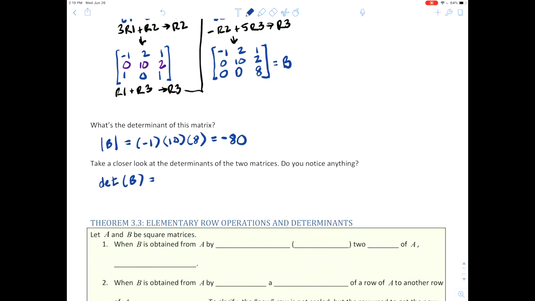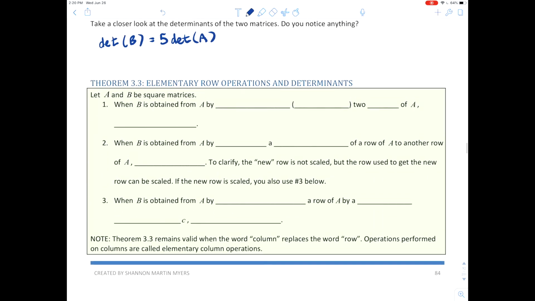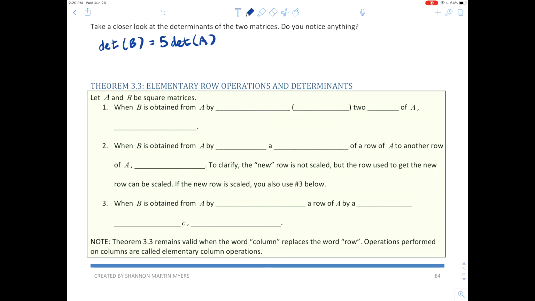And so it turns out that the determinant of B is equivalent to 5 times the determinant of matrix A, right? So maybe there's something cool about that. Let's check out this next theorem. 3.3 says elementary row operations and determinants. Let A and B be square matrices.